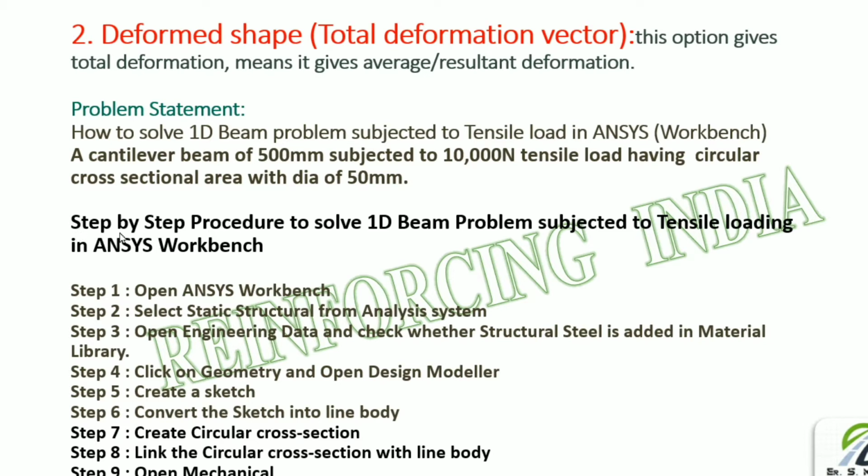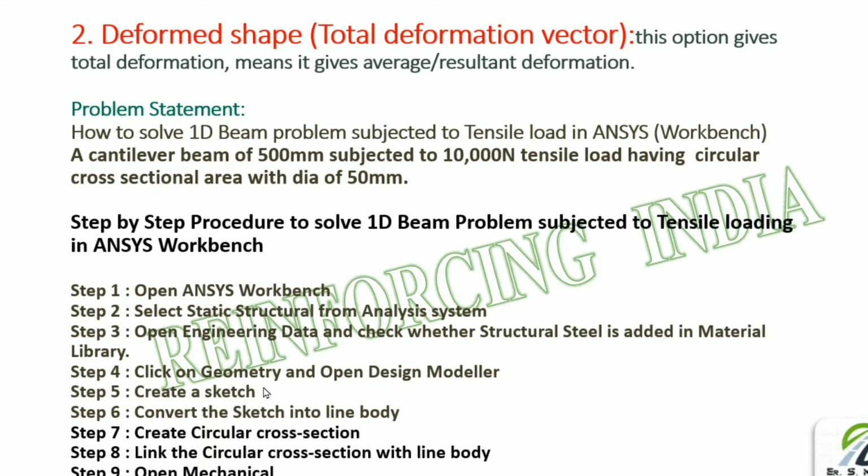Step-by-step procedure to solve a 1D beam problem subjected to tensile loading in ANSYS Workbench. Open ANSYS Workbench, then select static structural, then put the material you are using, then click on geometry to draw.